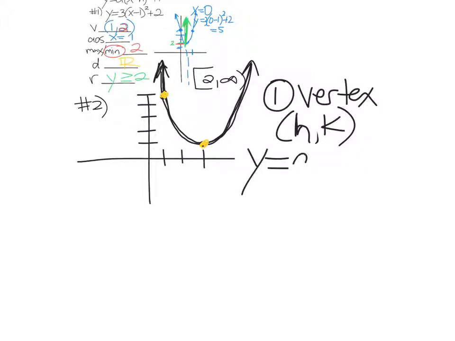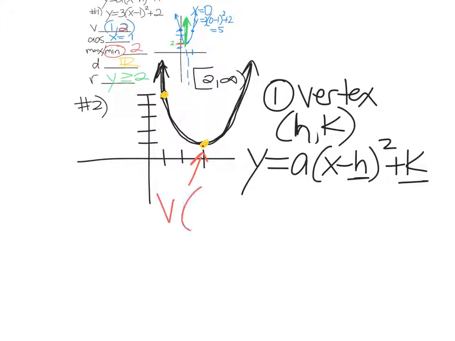Here's vertex form. Remember, we wrote this down at the beginning. It's going to go in for H and for K. So let's look at what the vertex is here. The vertex is this point right here. So the vertex is at 3, 1. Okay?